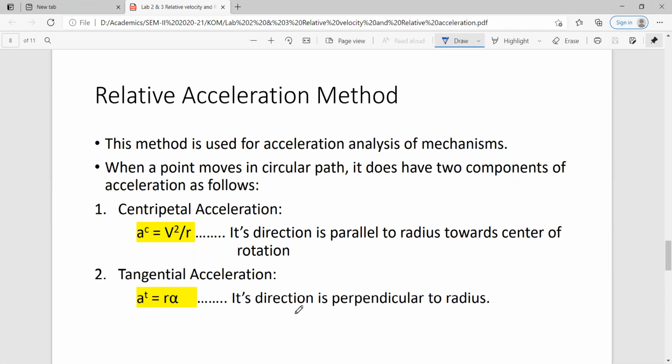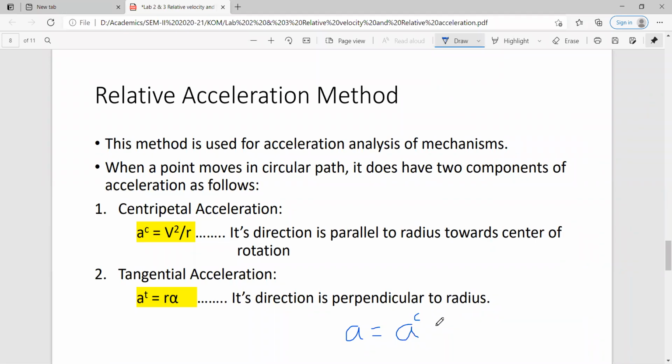Okay, so a particle which is moving in a circular path, its acceleration consists of two components. One is the centripetal component. We denote it by the superscript c, ac.